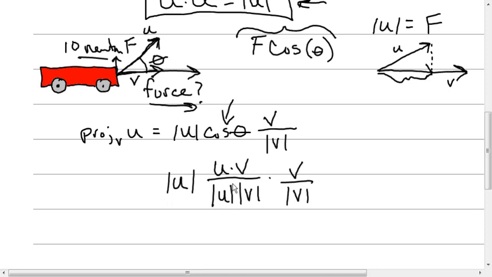And then of course this can cancel with this, and this is multiplied by that, so we get something that looks like u dot v divided by the magnitude of v squared, times v.